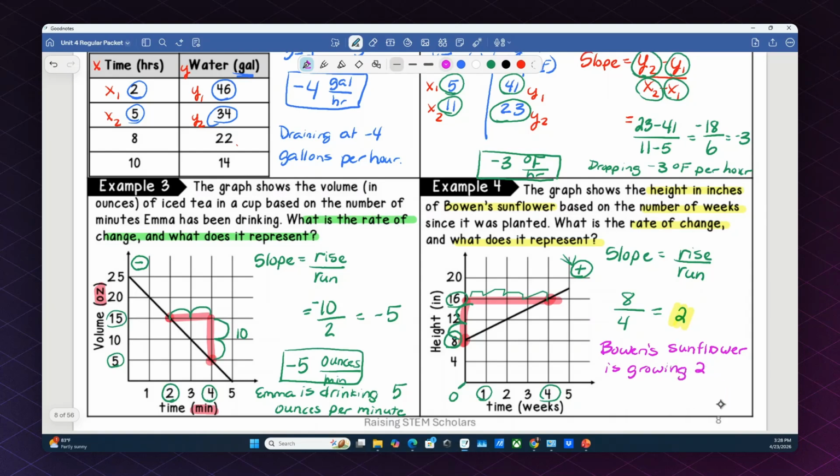It's growing 2, but 2 what? It's growing 2 inches per week. So we're getting those units straight off of our graph.